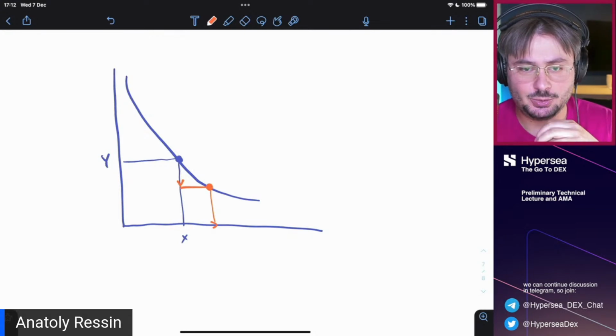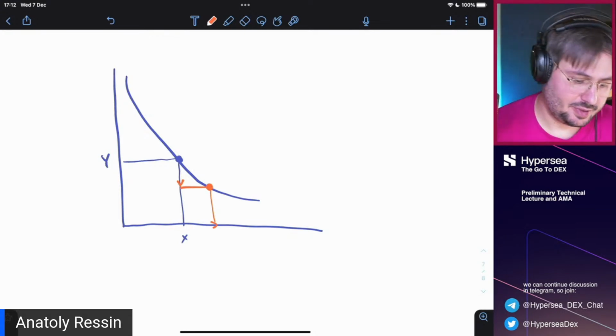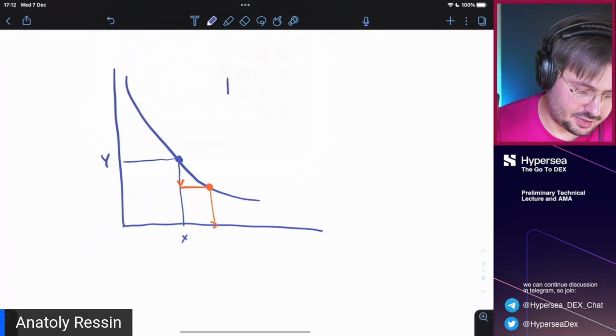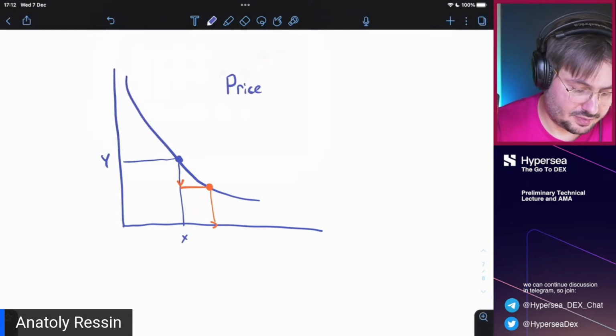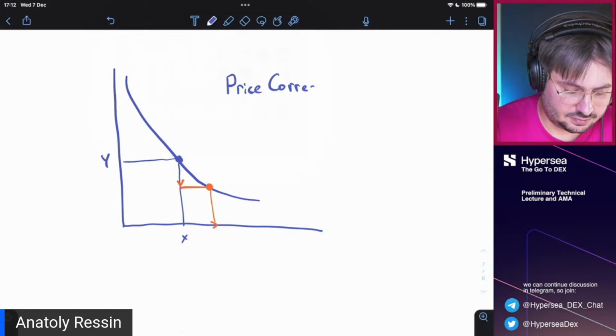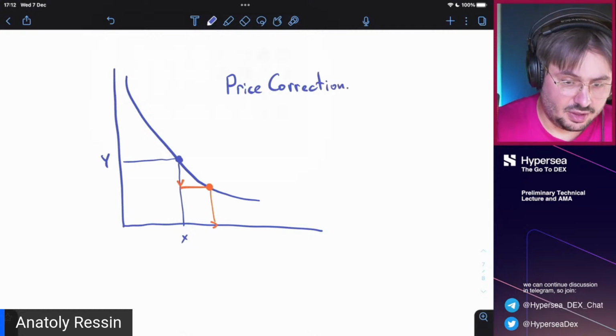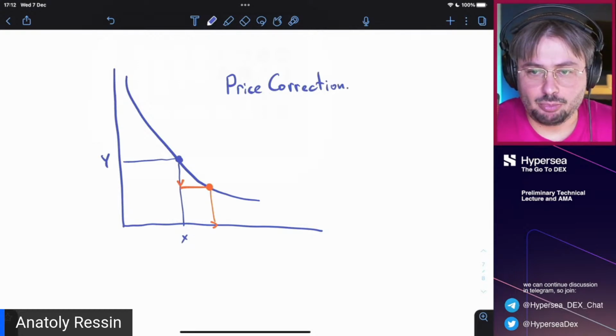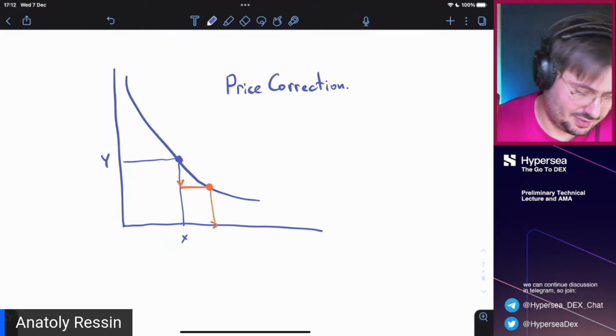But we are using price corrections that are based on the pool draining speed.